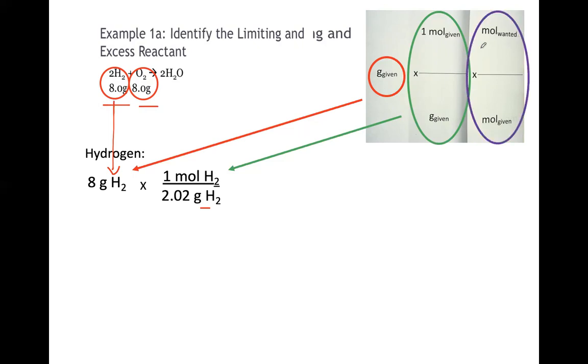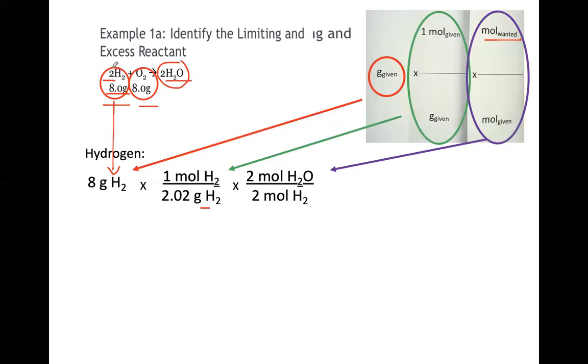Then we can move on to our ratio, our mole over mole. That's going to be from our formula, our coefficients. We want to find H2O, this is what we want to make. But given this much H2, how many moles of H2O can we make?